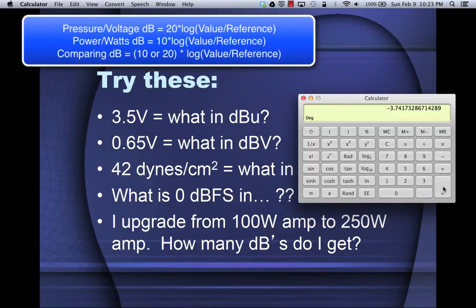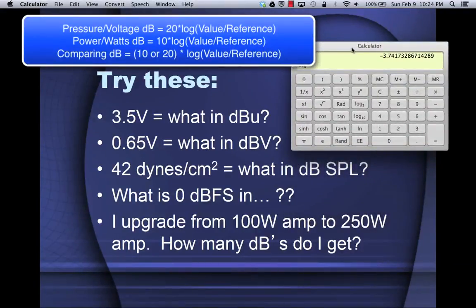That gives us minus 3.74 dBV. And again, if we do it in the right order, we will get the correct positive or negative value for that. So yeah, it's minus 3.7 dBV. That's our conversion for 0.65 volts.